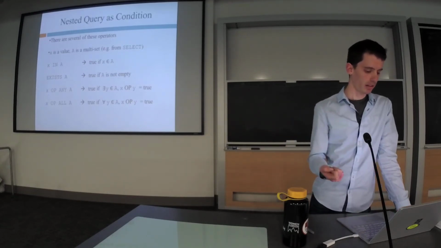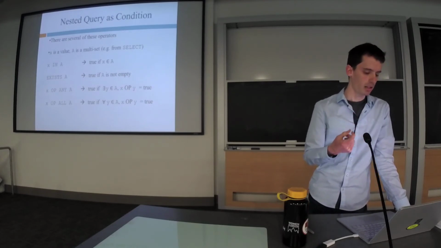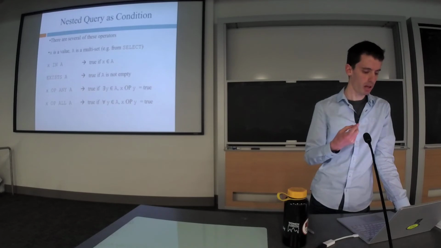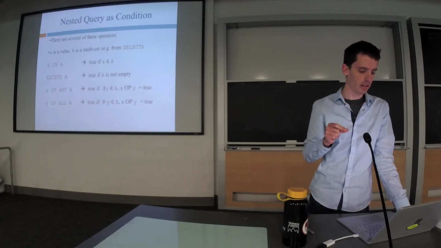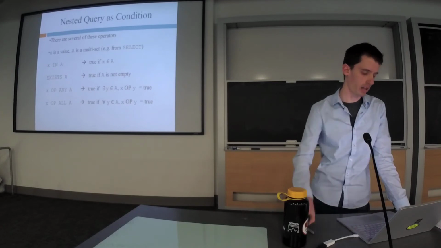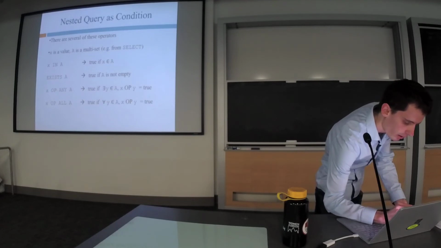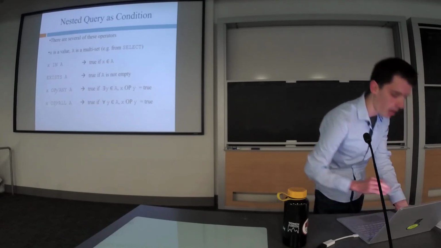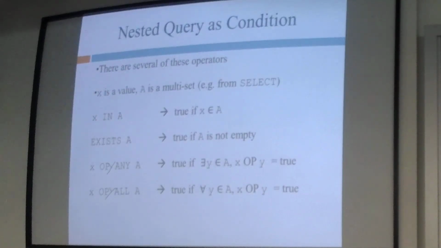X op any, where op could be greater than, less than, or equal, is true if there is some y in A such that x op y. X op all asks whether that operator is satisfied for all y.